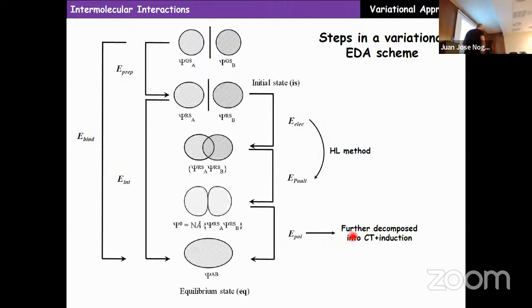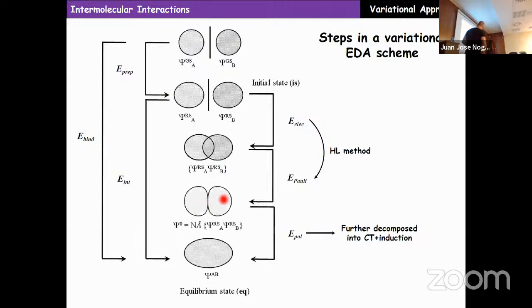How can we decompose this further into charge transfer and polarization? Since this scheme was originally developed for Hartree-Fock, we didn't have dispersion, so we have only induction and polarization.